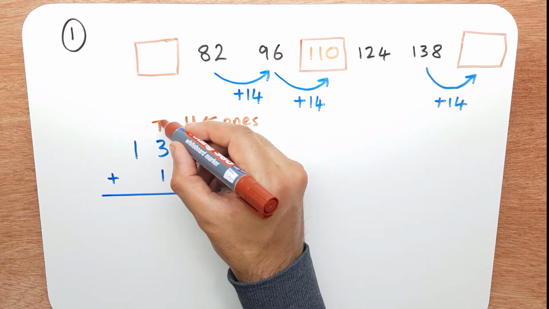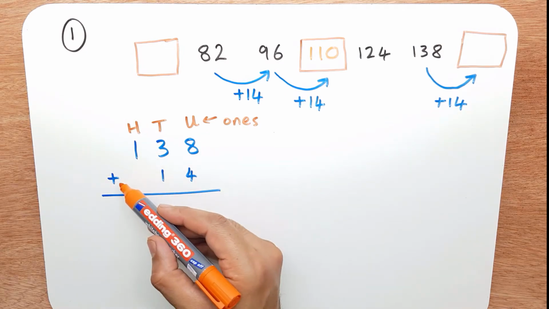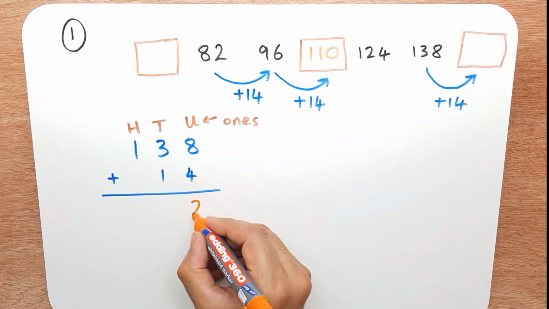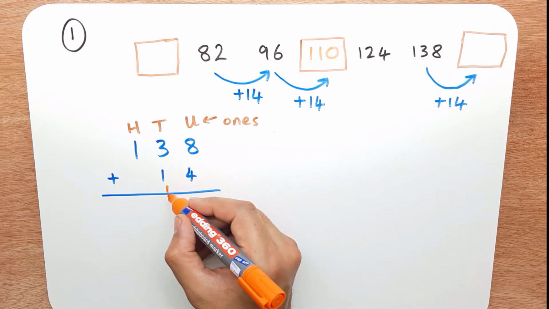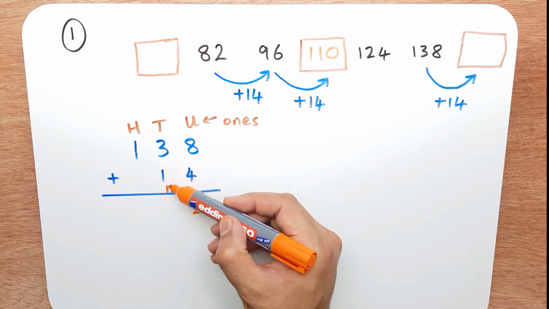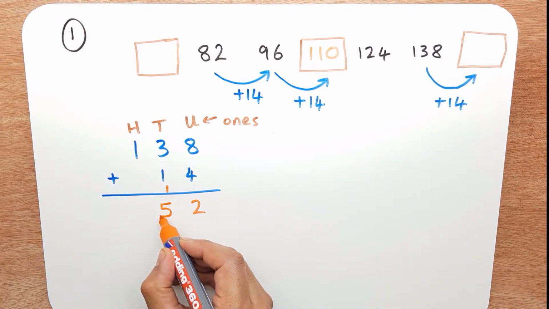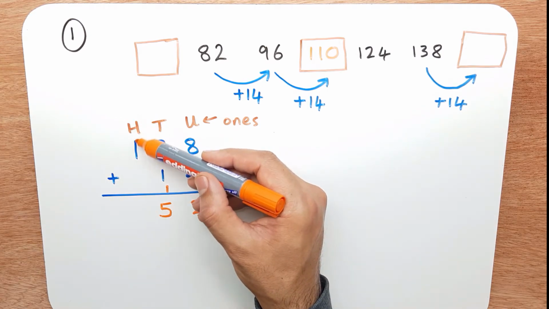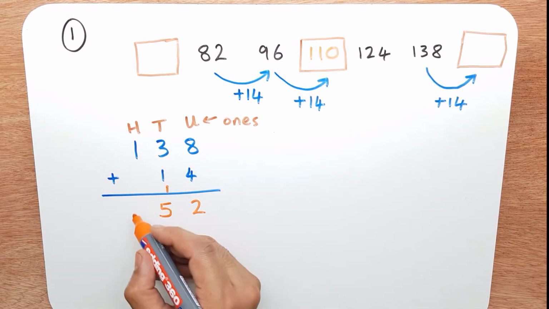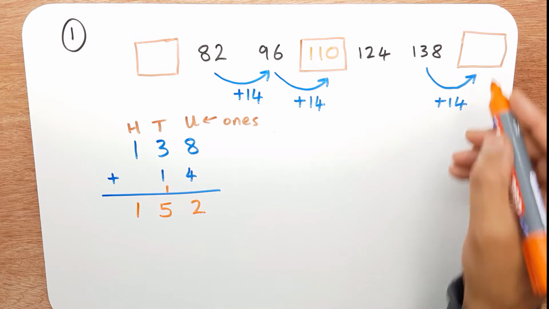This is our tens and this is our hundreds column. 8 add 4 is 12. Put the 2 down, carry the 1 over. 3 add 1 is 4, plus the 1 we've carried over makes it 5. And finally, in the last column, the hundreds column, we have 1 add, there's nothing here, so it's simply just 1. So our answer is 152. So that can go here.